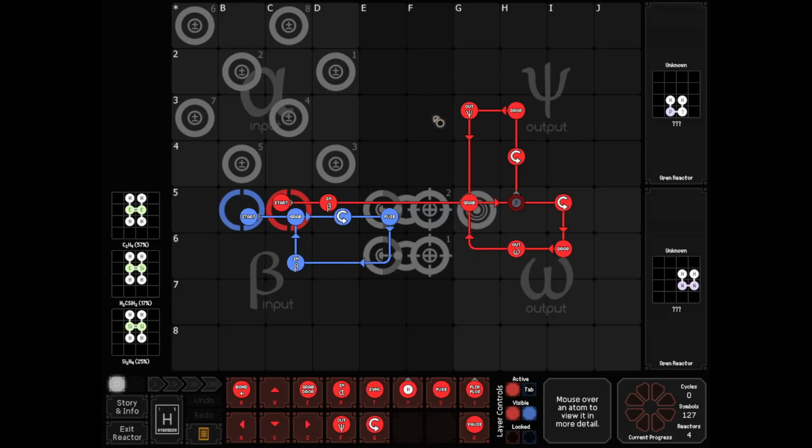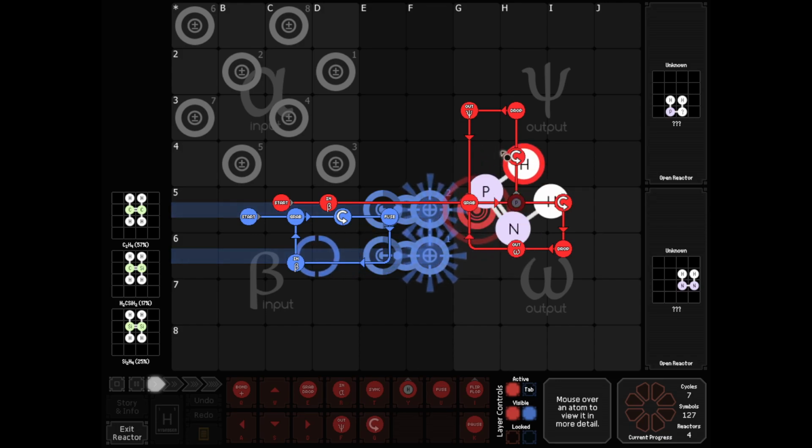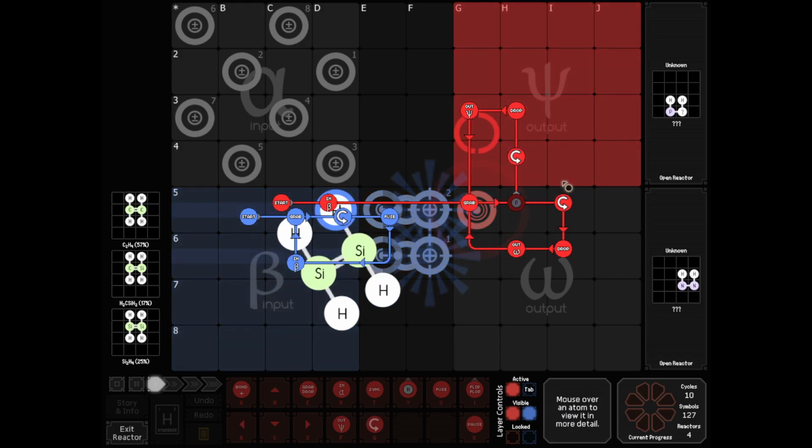So, this solution does partial fusion here again, and also a bit of sorting.